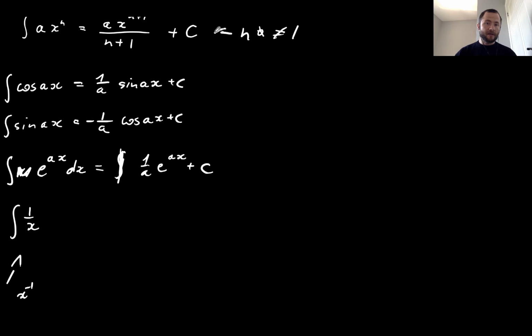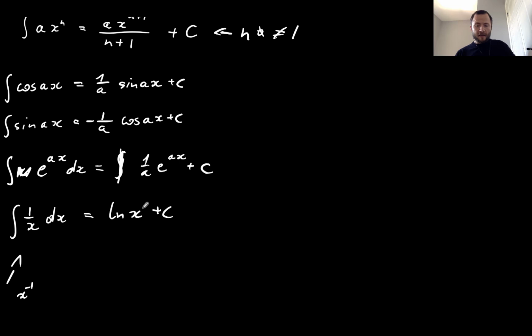If n doesn't equal minus 1, we're going to use this approach. If n is equal to minus 1, and that means that we're integrating 1 over x dx, what we need to remember is that this is actually going to turn into natural log of x plus c.